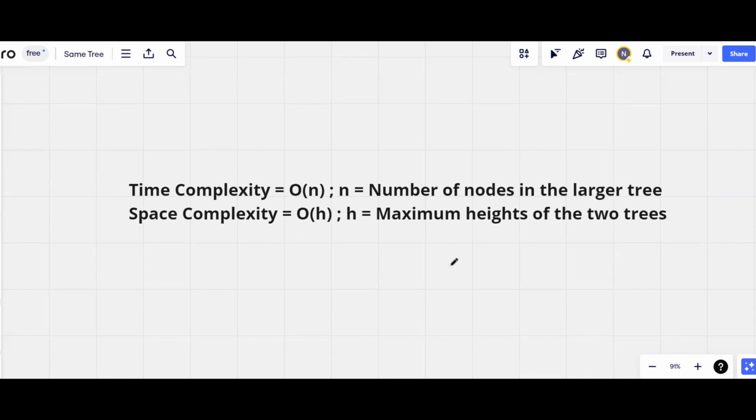So therefore, the time complexity is big O of n, and the space complexity is big O of h, where h is the maximum height of the two trees, because the space complexity is determined by the maximum depth of the recursive call stack. In the worst case, the depth of the recursion is the height of the taller tree. So therefore, in this case, the space complexity is big O of h, where h is the maximum height of the two trees.